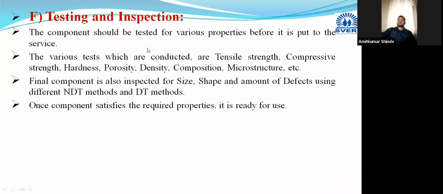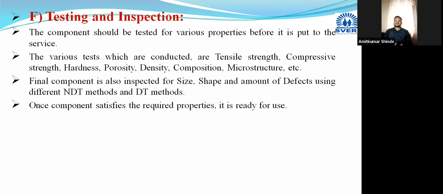With the final component obtained, we have to test it for various properties before using it practically. First it is tested and inspected for its size, shape, and whether any kind of defect is present in that component.